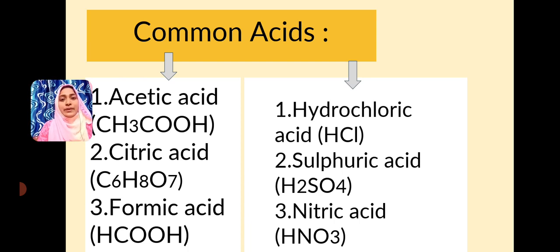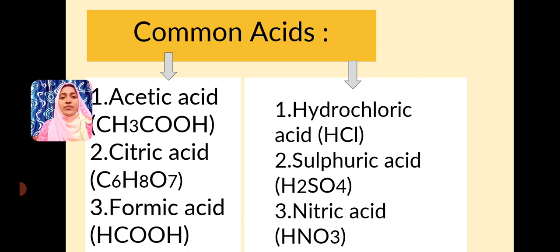For example, we use acetic acid to prepare vinegar. You might have heard the name vinegar, which we usually use in our food to increase the taste. The chemical formula of citric acid is C6H8O7.